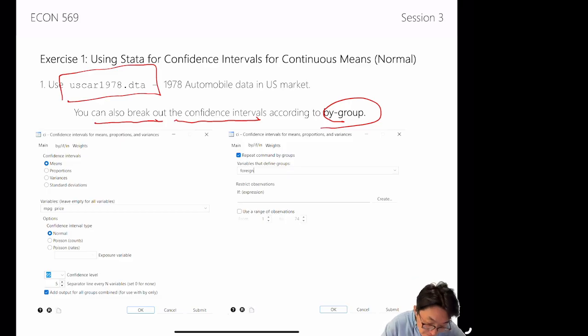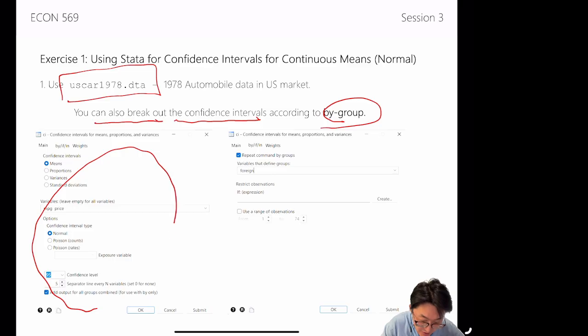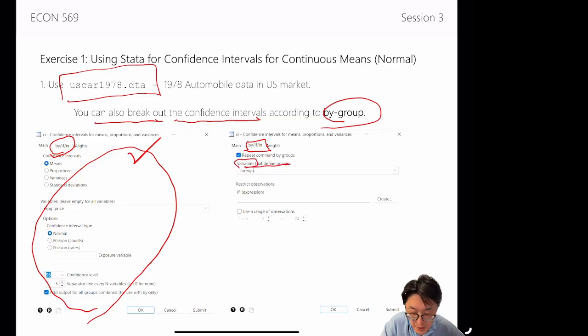So you can assign the same option, but you can click by and you can assign a group variable. The group variable is the variable named foreign, which means whether this car is made in the US or by other foreign companies. So you can just put foreign here.